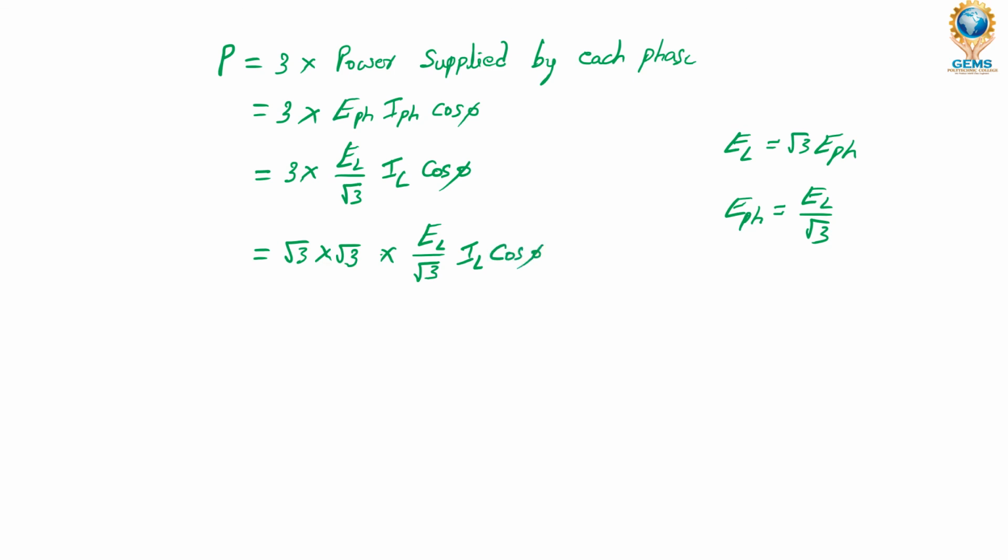So root 3 will get cancelled. Now finally we have the power formula: power equals root 3 EL into IL into cos phi. This is the power formula.